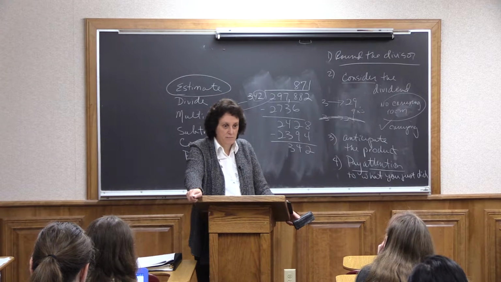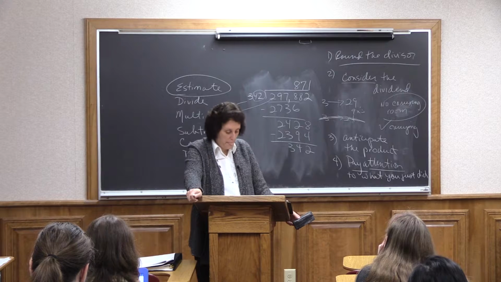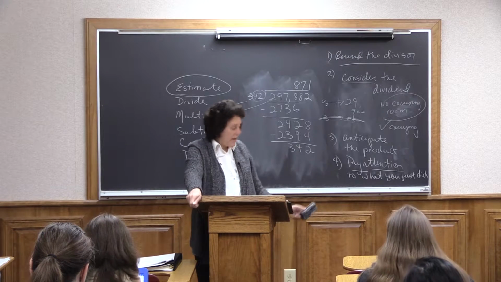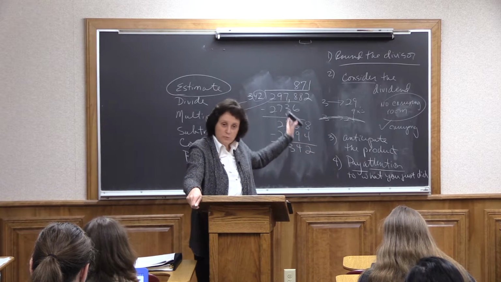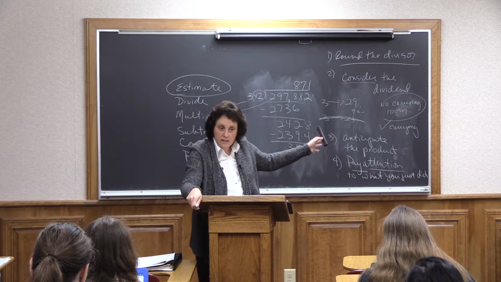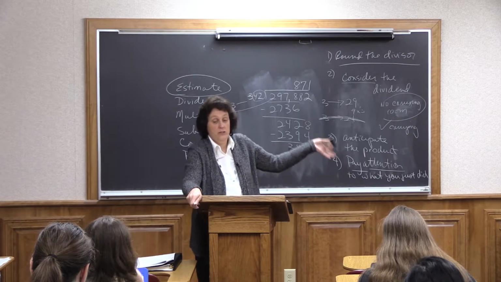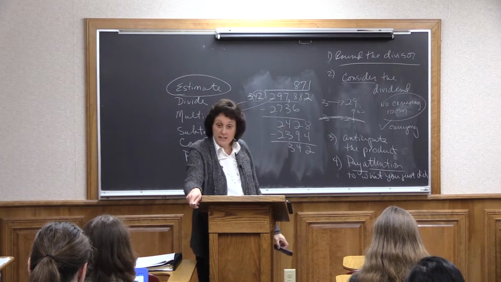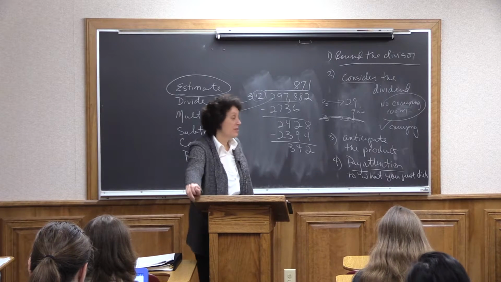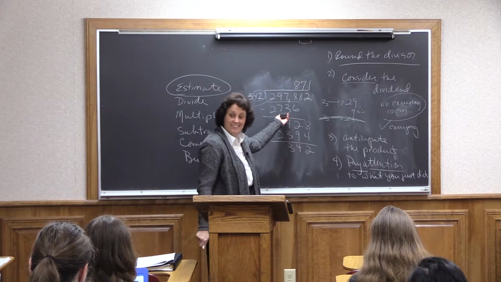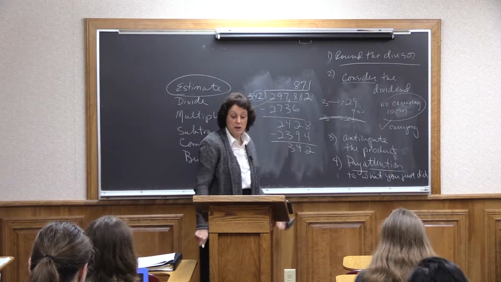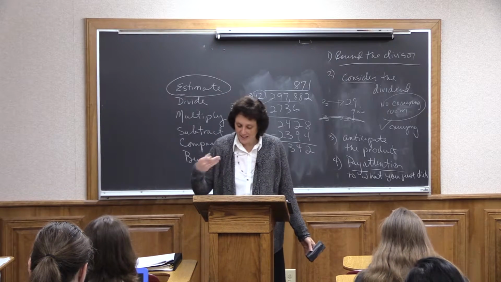And it's not just step 1, step 2, step 3. That's not the way it works. So we kind of have to balance our rounding rules with what's in the dividend, what I have to carry, is there enough carrying room, and I have to pay attention to what I just used. I'm going to use 8. And I always want to pay attention, can I use the same quotient a second time?